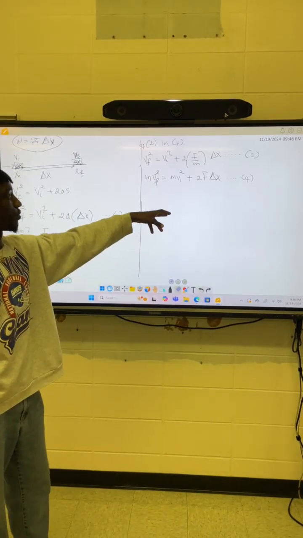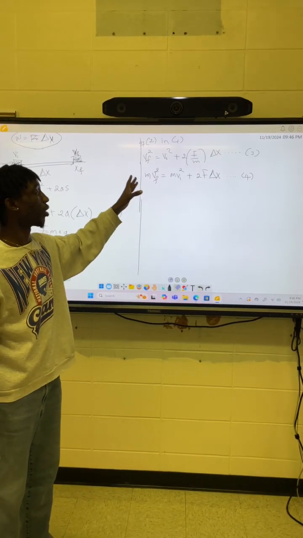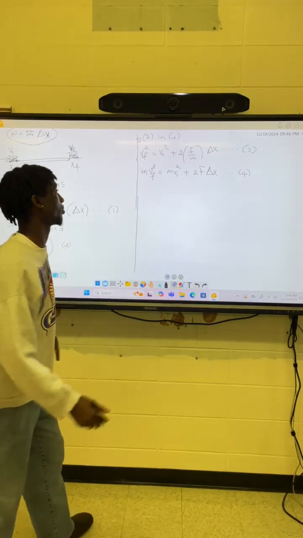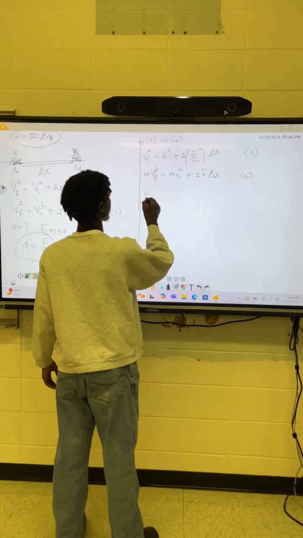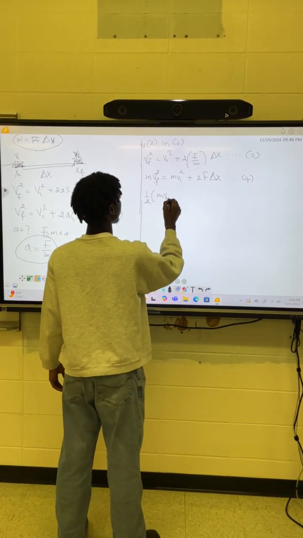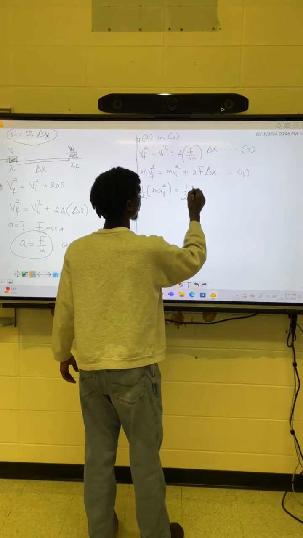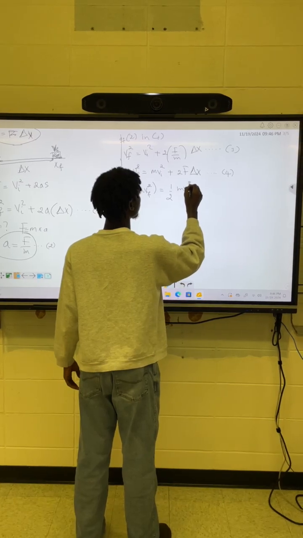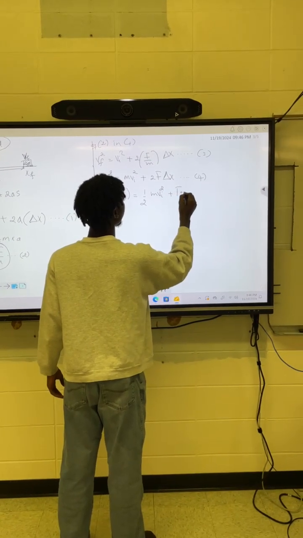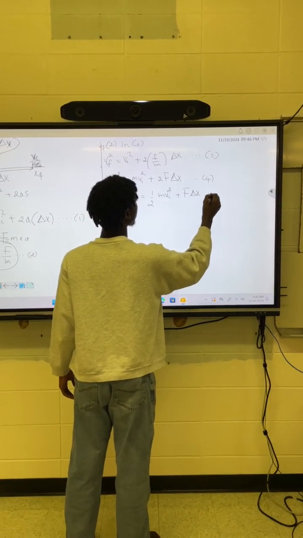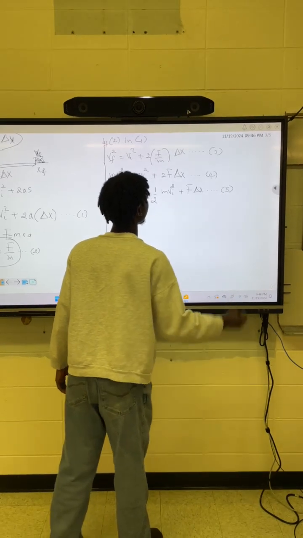Then in equation 4, we multiply both sides by 1 over 2. So it becomes 1 over 2 m vf squared is equal to 1 over 2 m v initial squared plus F dx. This is our equation 5.